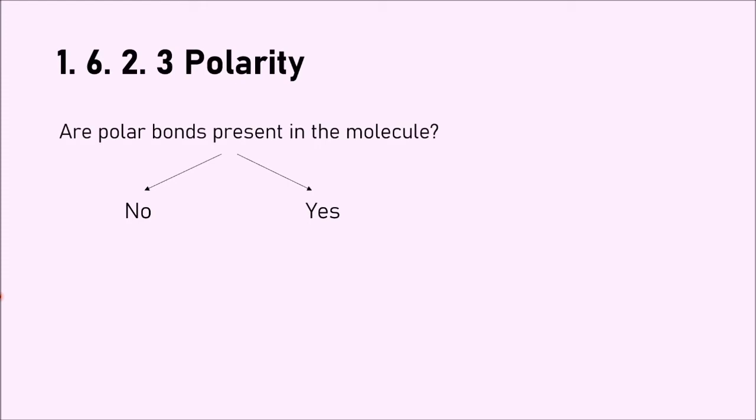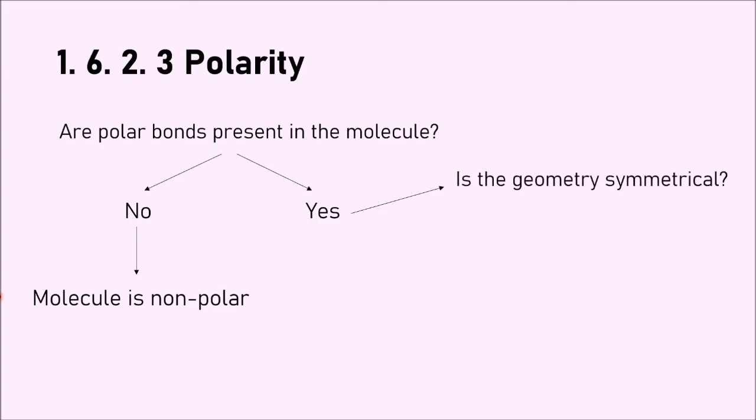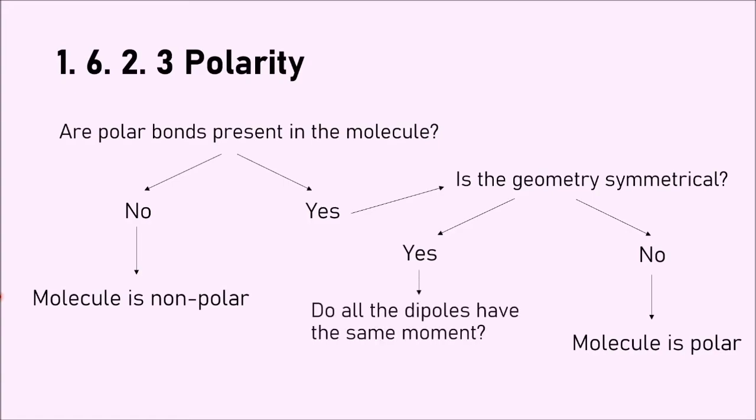If the answer is no, what is the conclusion? Very simply, the molecule is non-polar, no polar bonds. If there are polar bonds, then we need to ask ourselves the next question. Is the geometry symmetrical? If no, then the dipoles do not cancel out, and the molecule is polar. If yes, then the next question is: do all the dipoles have the same moment, i.e. are the forces the same?